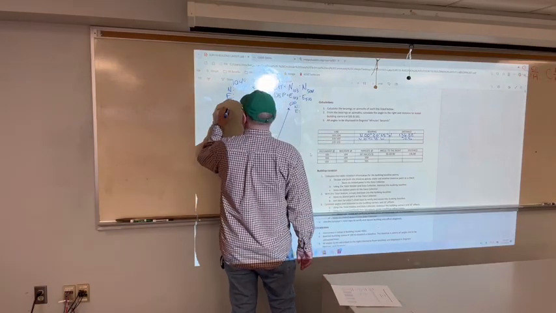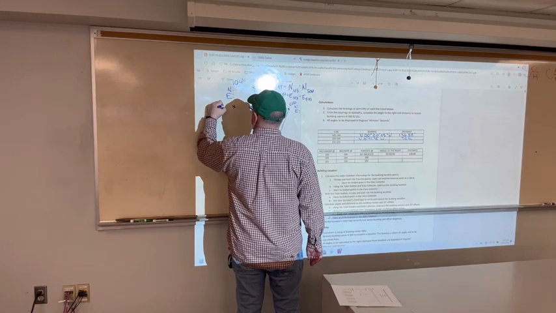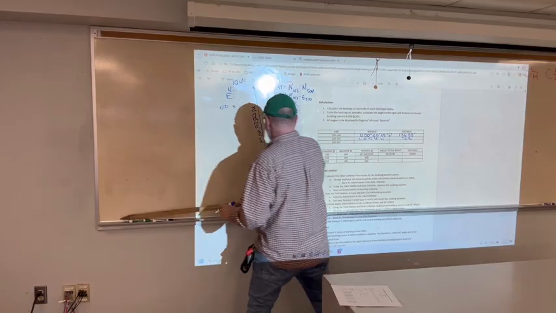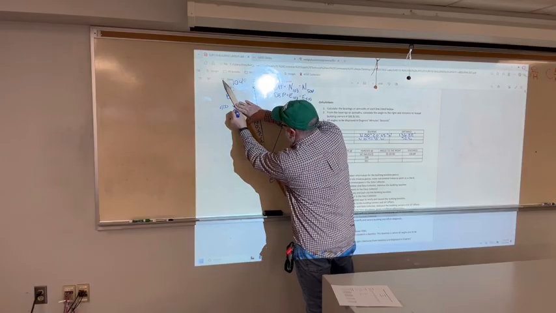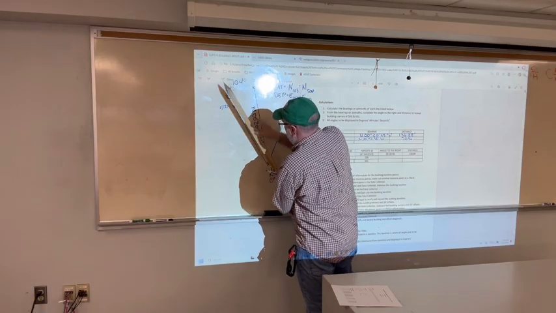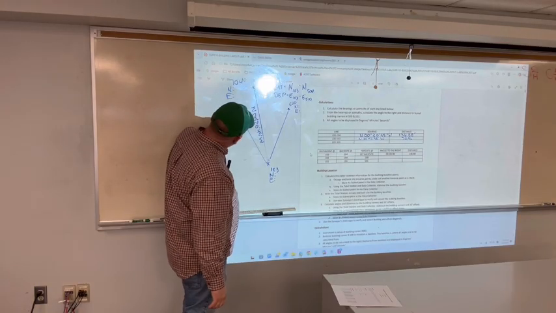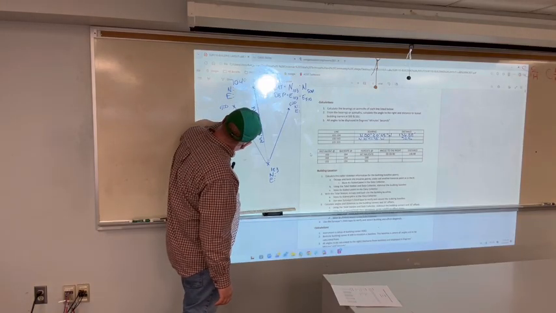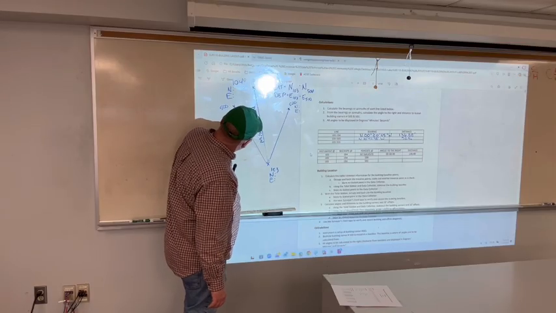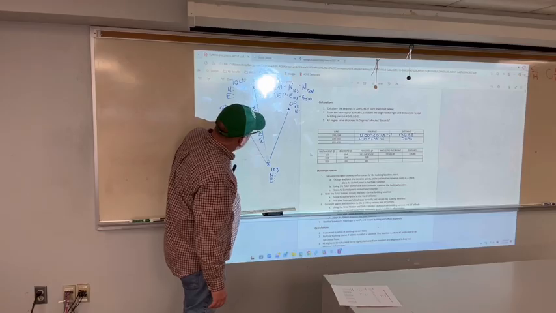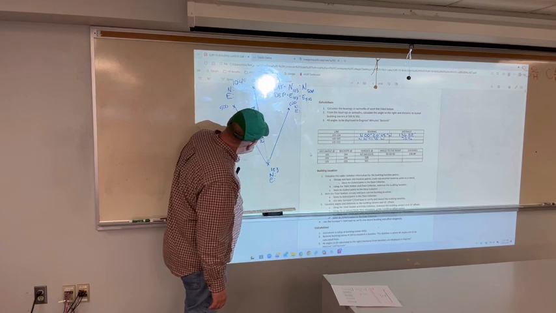So 500 is actually kind of over here. And we're saying that's a bearing of north 10 degrees, 42 minutes, and 38 seconds west.